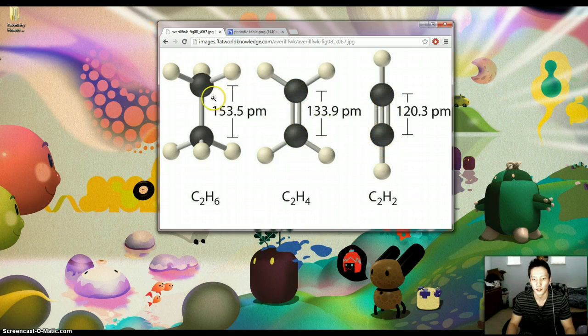A single bond shares one electron from each atom, so two electrons. A double bond shares 4 electrons total, and a triple bond shares 6 electrons total. The more electrons you share, the shorter the bond length. The more electrons you share, the closer you are.